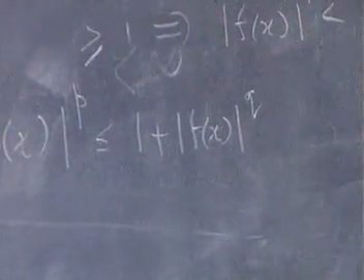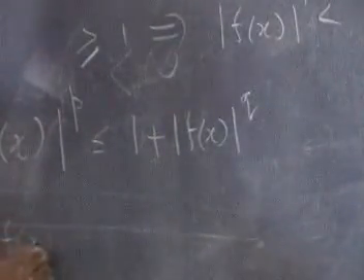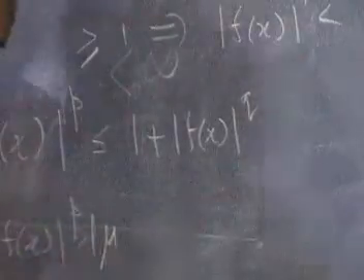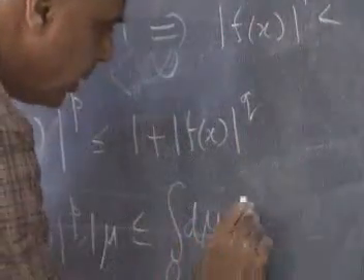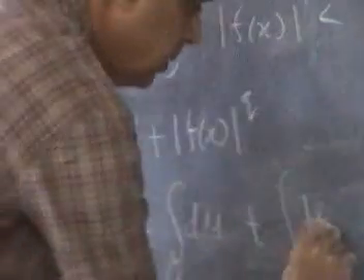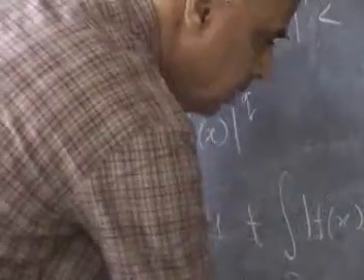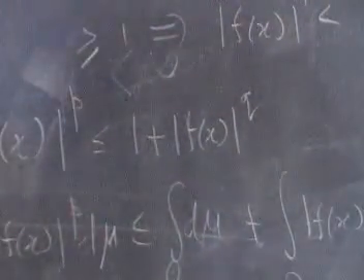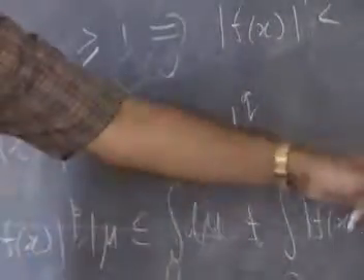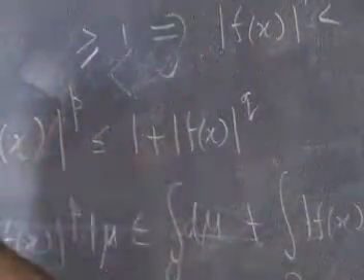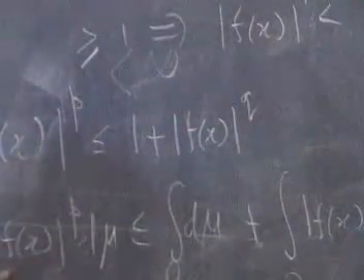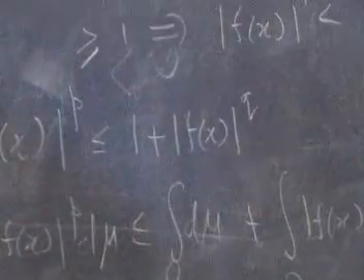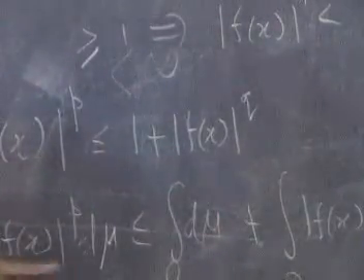And therefore, the integral of mod f(x) to the power of p d mu over omega will be less than or equal to the integral of 1 d mu plus the integral of mod f to the power of q d mu. Now, suppose this is finite, then this will also be finite. So that means f will also be in L^p. So if f is in L^q, f is in L^p, provided I assume this is finite.